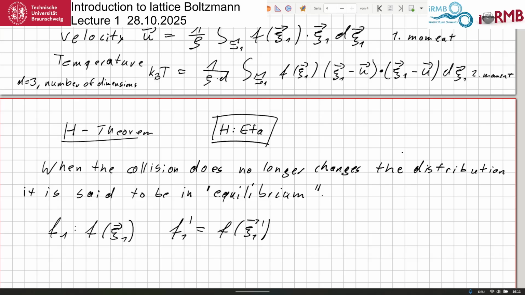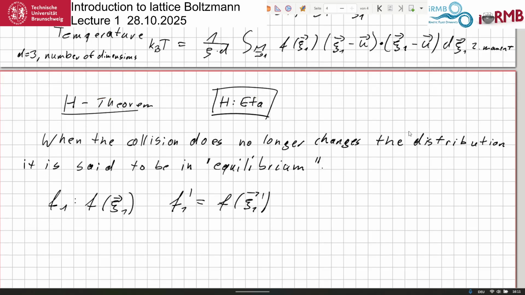And then we are looking at our collision integral, that we already had, but I write this again because we need it, as equation 1.1. So the collision integral is the change in the population just due to collision.